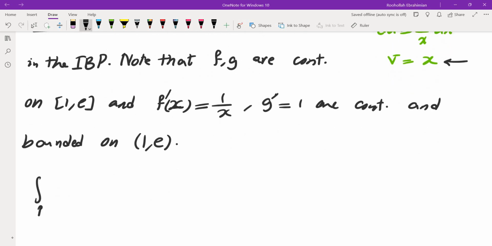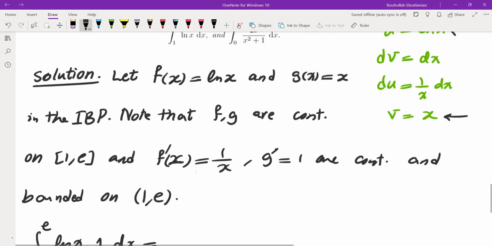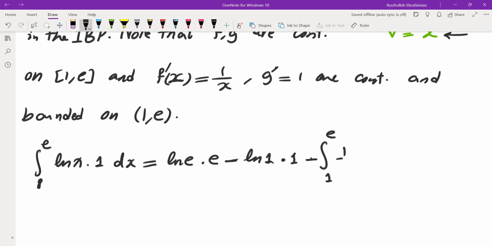So the integral from 1 to e of f times g prime, which is natural log of x times 1, is equal to natural log of e times e minus natural log of 1 times 1 minus the integral from 1 to e of the derivative of f, which is 1 over x, times g dx.